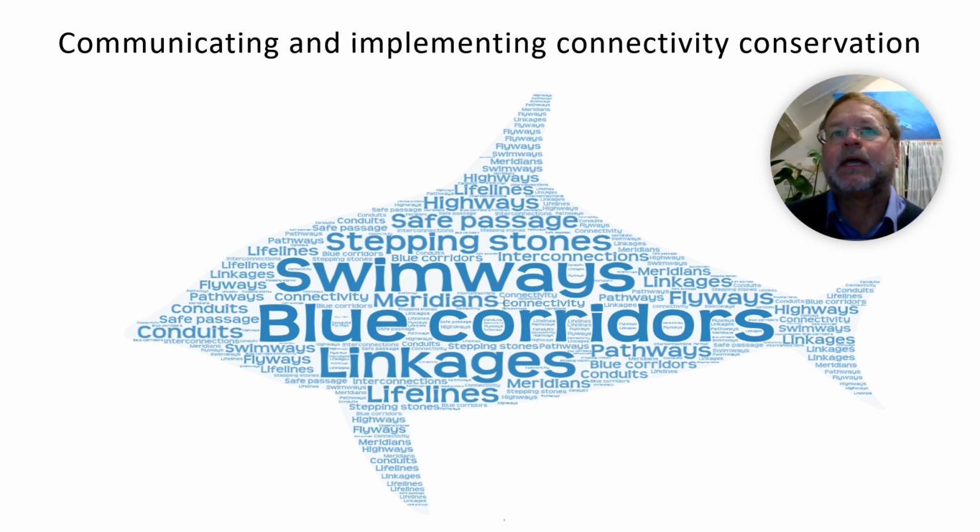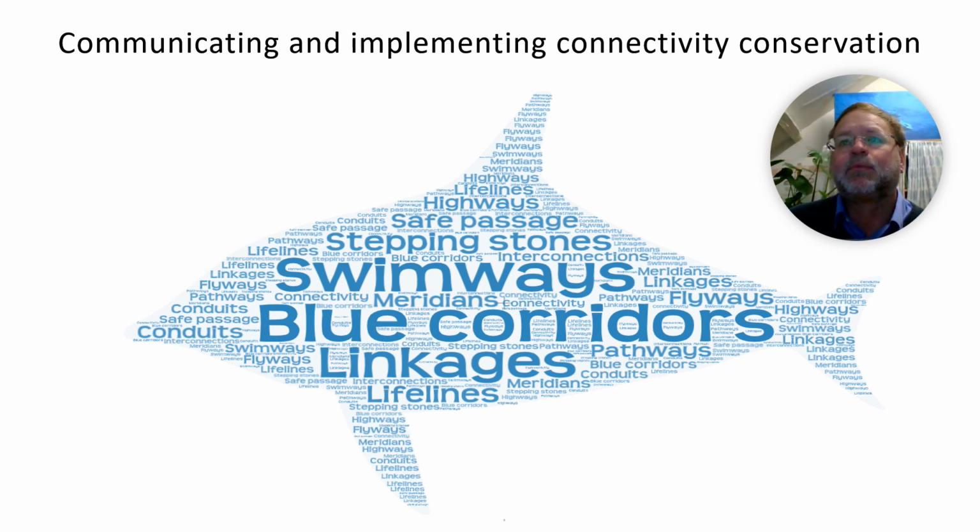How we communicate connectivity conservation more broadly is going to be crucial to its implementation. Fortunately, the language of connectivity offers a rich tapestry of metaphors and analogies for connecting hearts and minds to the need to value and safeguard ecological connectivity.